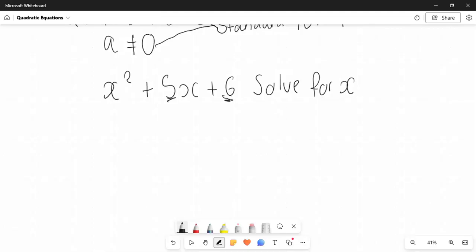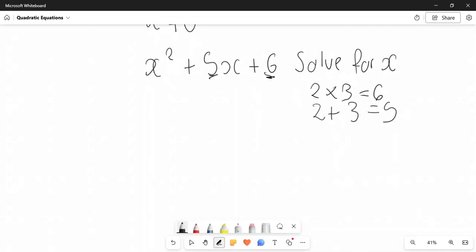We have to find two numbers which we can multiply to get 6, which is 2 times 3, and these two numbers must also add up to get 5. So in that case, our numbers are 2 and 3. We're going to open our two brackets here, and we're going to begin with x and x.